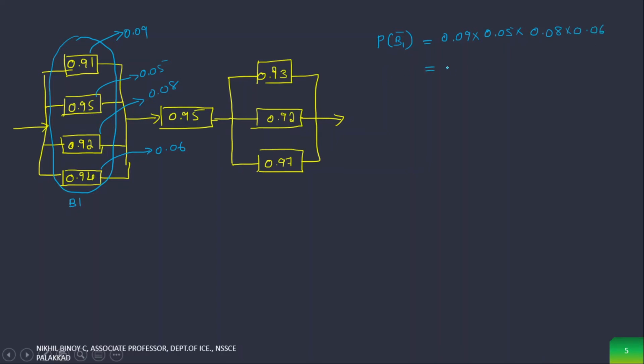So that is equal to 0.09 into 0.05 into 0.08 into 0.06. Okay, so this is equal to 0.0000216.